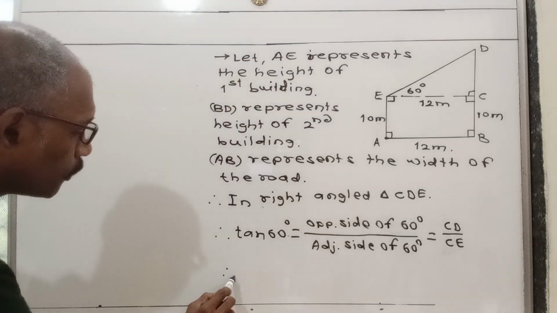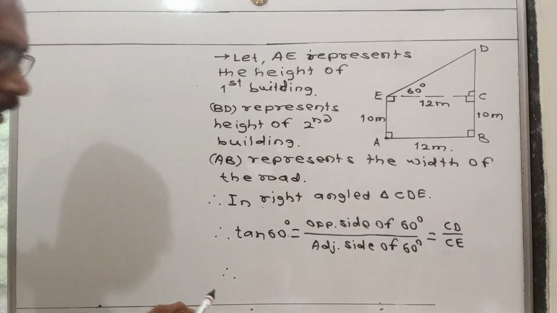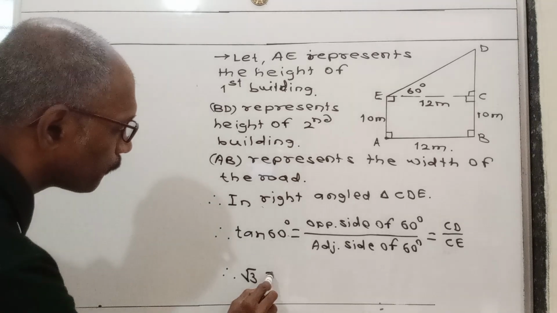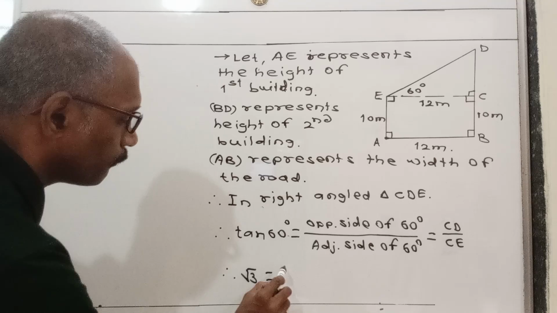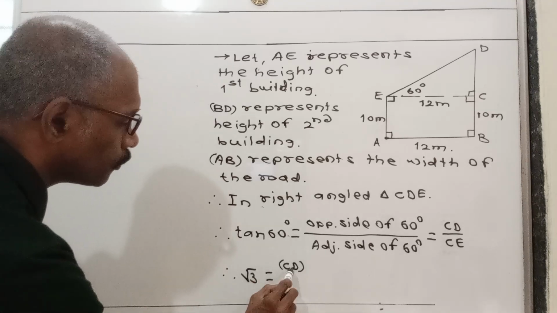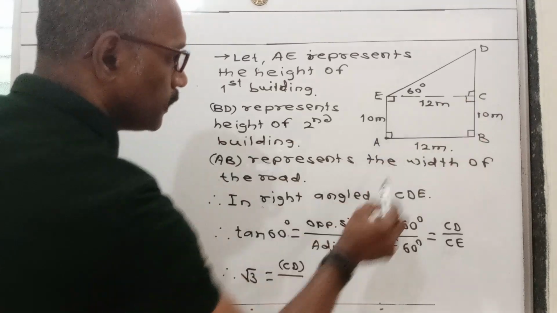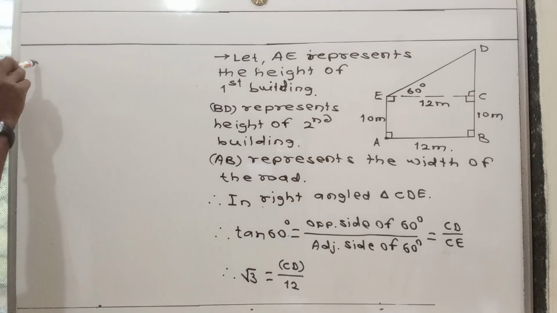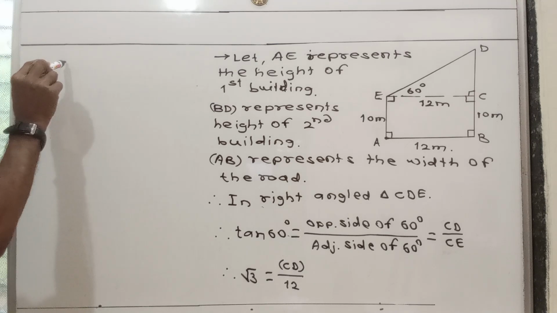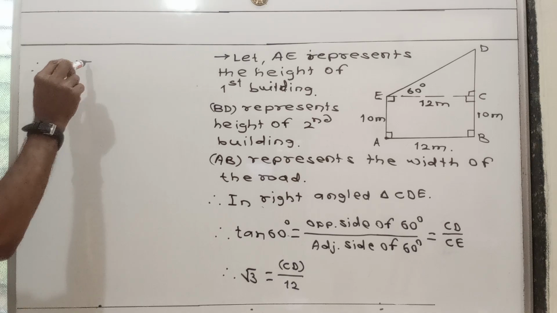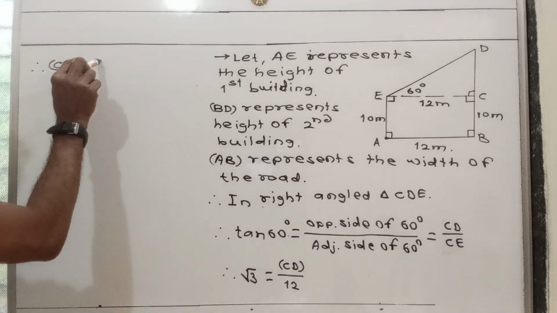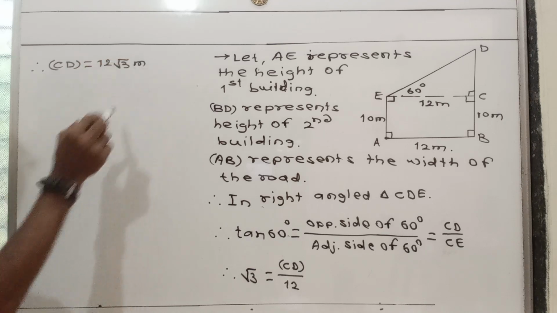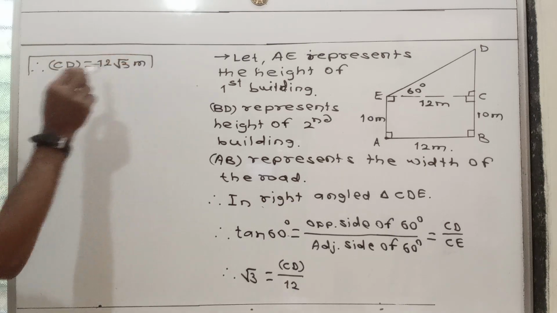Therefore, we know that tan 60 degree from the table is square root of 3, equal to CD, which we don't know, upon CE, 12 meter. Therefore, CD is equal to, see this, cross multiplication, 12 square root of 3 meter. This is the value of CD.